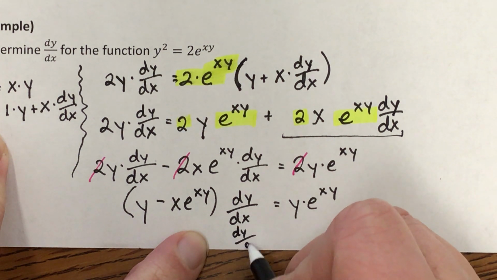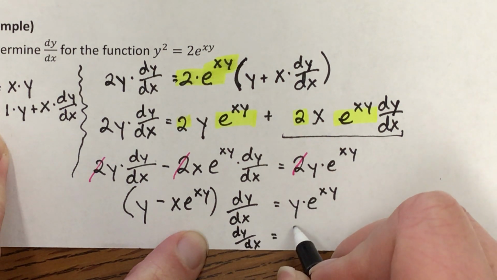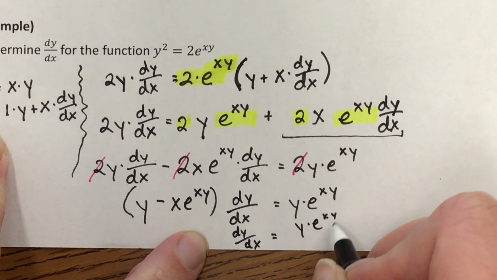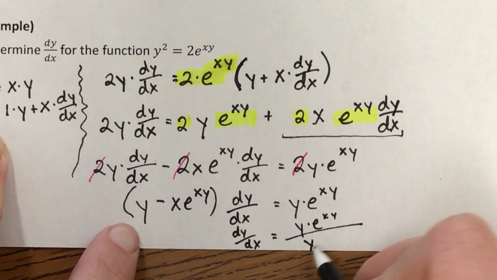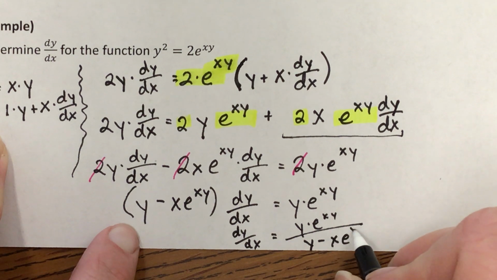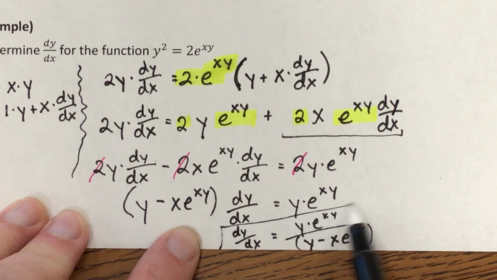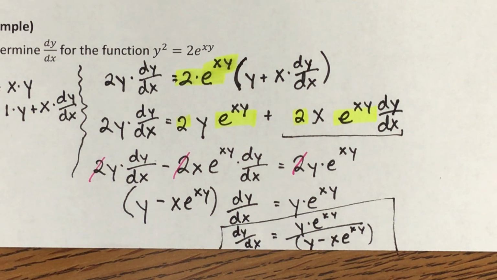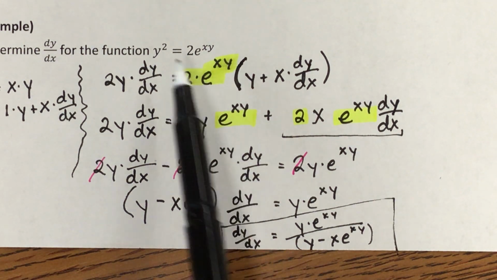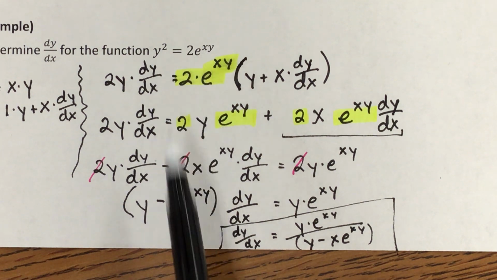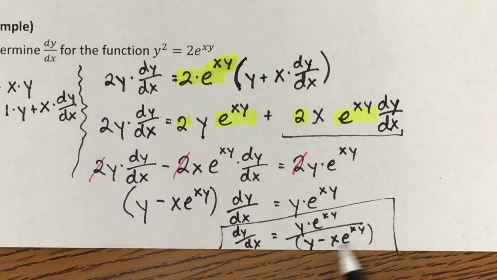Dy dx equals top y e to the xy over parentheses y minus x e to the xy. This is our answer because dy dx is by itself. There was no way to get y by itself in the original problem, so you do not have to substitute out the y's for something else.